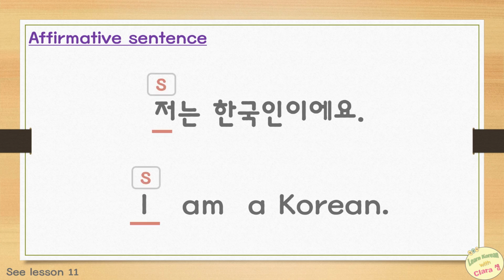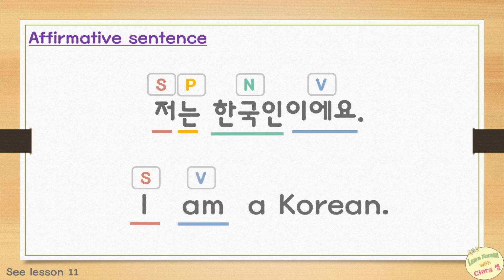So far, it's in the same order, except that after 저, don't forget to put the topic marking particle 는 in the Korean sentence, as I've just explained right before. Then the noun 한국인 and the verb 이에요 at the end. While in English, the verb is before the noun.